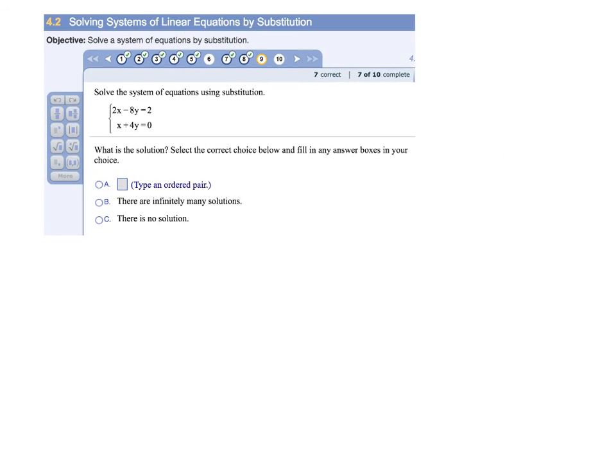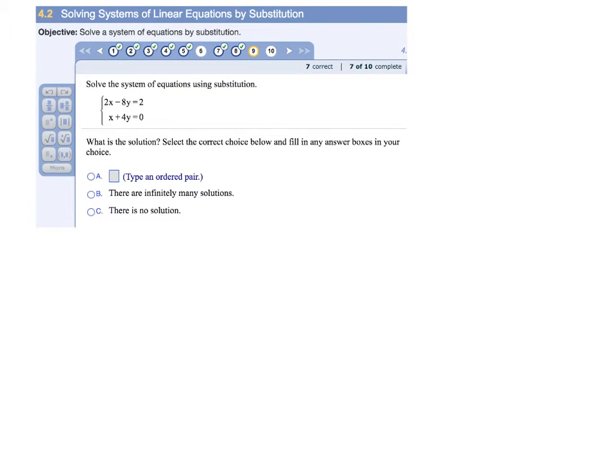All right, so let's keep going. We've got a system of equations: 2x minus 8y equals 2, and x plus 4y equals 0. This is really close to being solved for x, so I'm going to solve for x, and I get x is equal to negative 4y.